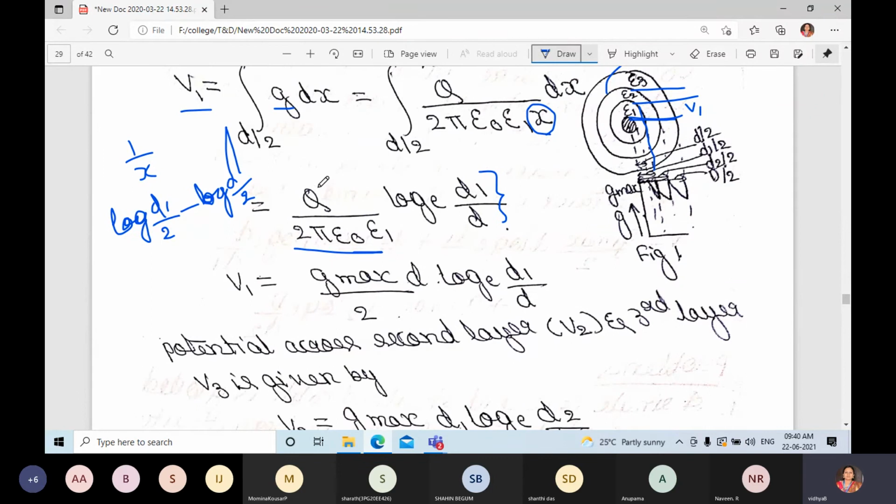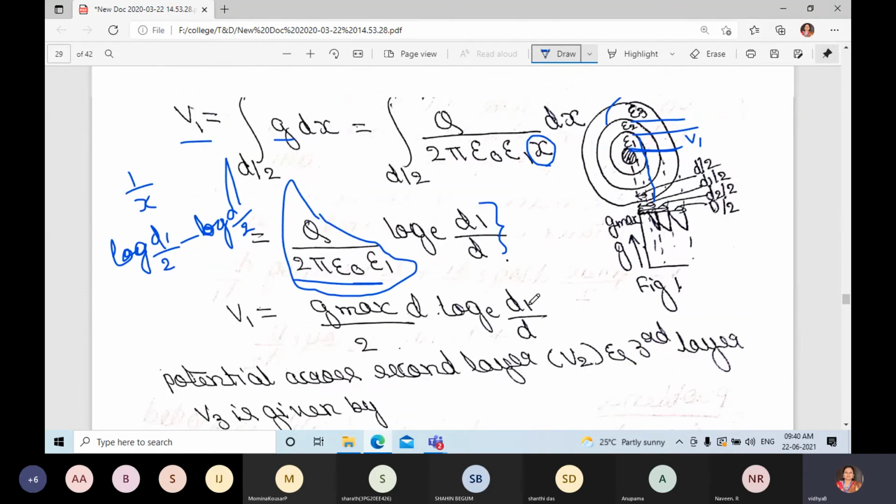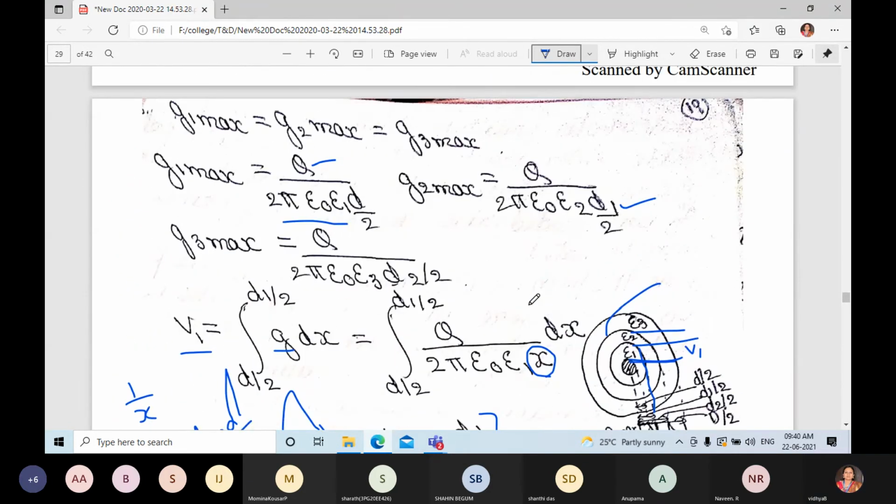This equation, what we can write? This equation can be written as g max divided by 2, g max divided by 2 d log e d1 divided by d, because here G1 max is equal to q divided by 2 pi epsilon naught epsilon 1 d divided by 2 is there.